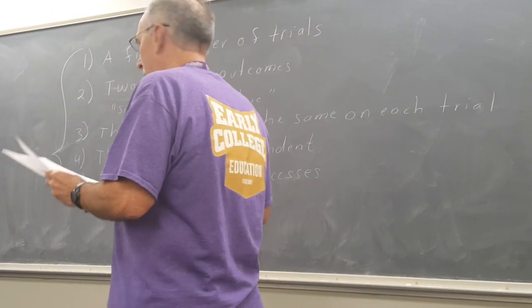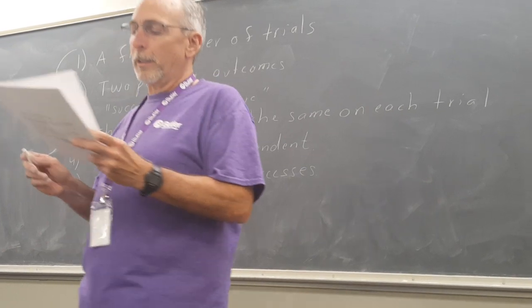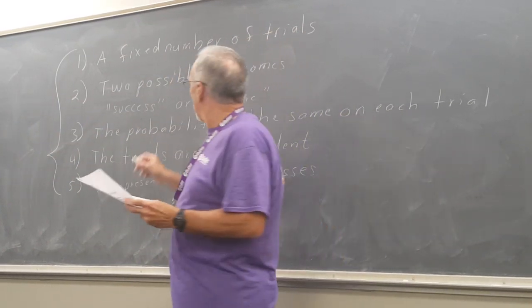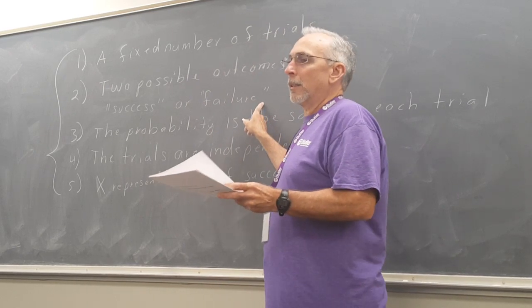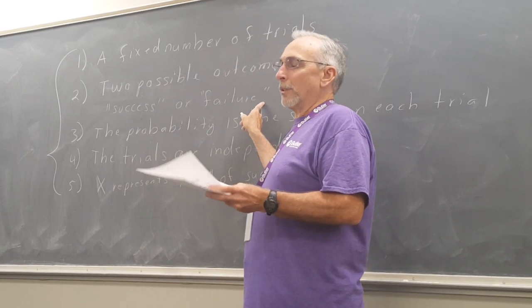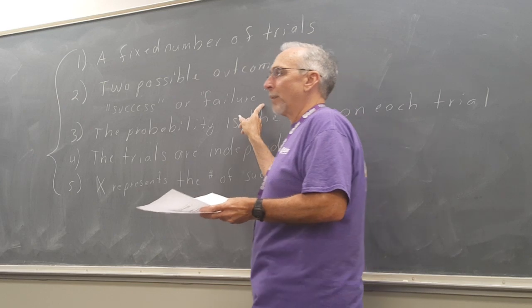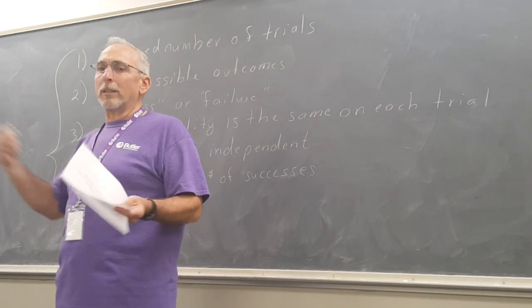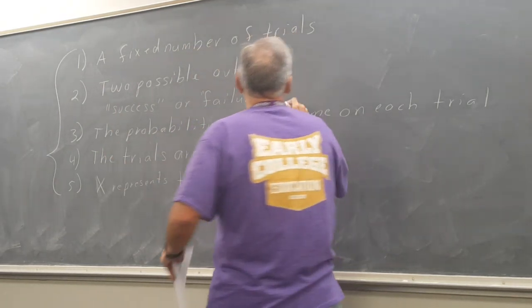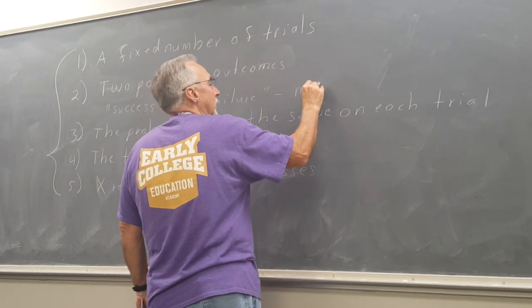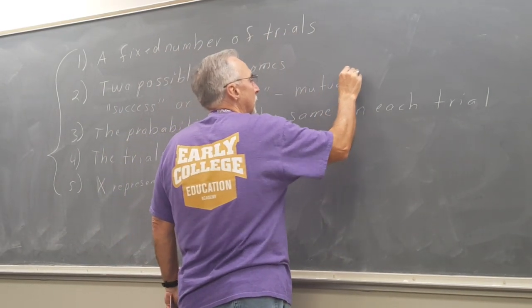Now she doesn't mention on here, but the probability of success and the probability of failure are mutually exclusive. Remember that term from last chapter? You can't win and lose at the same time. If you get one coupon, it's either a winner or not. So these 2 things you might write down in your notes are mutually exclusive.